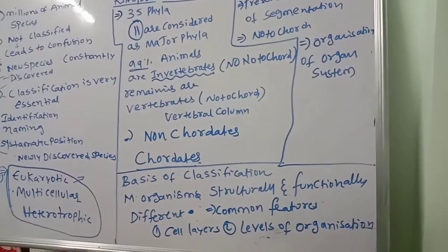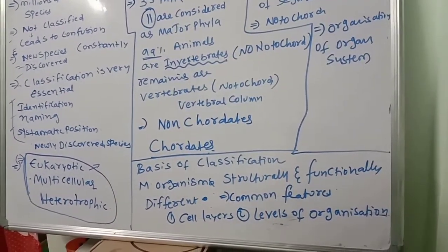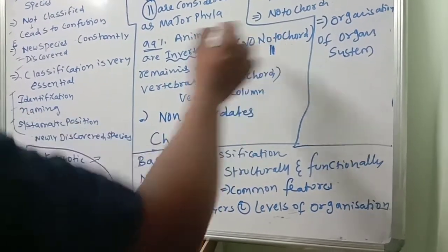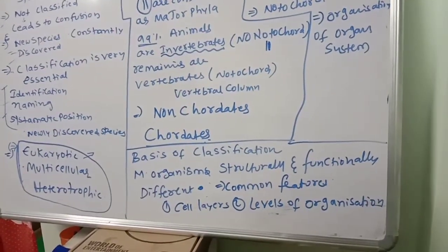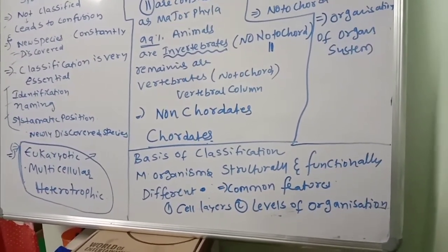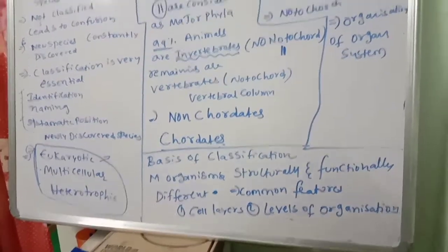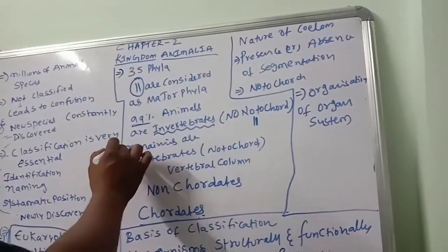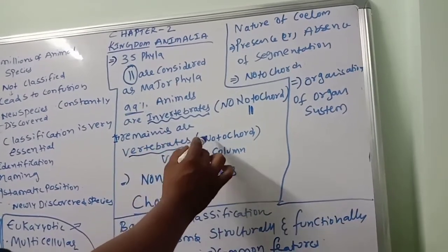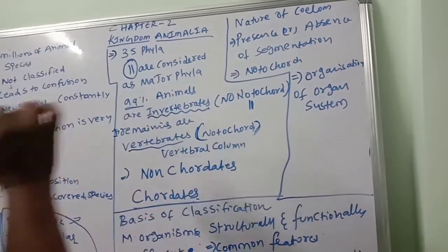Invertebrates mean those which don't have the notochord. Notochord is a small rod-like structure along the nervous system. If the notochord is not there, we call them invertebrates. The remaining 1% are vertebrates, which have the notochord.